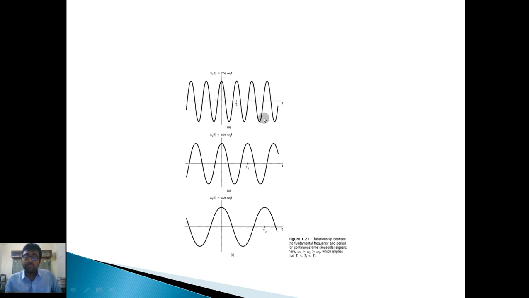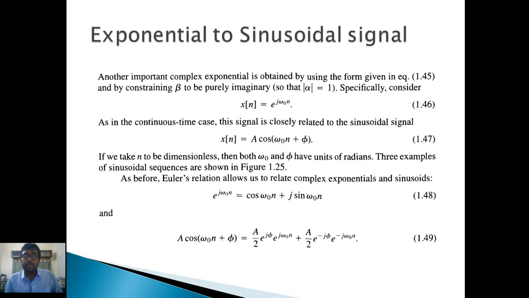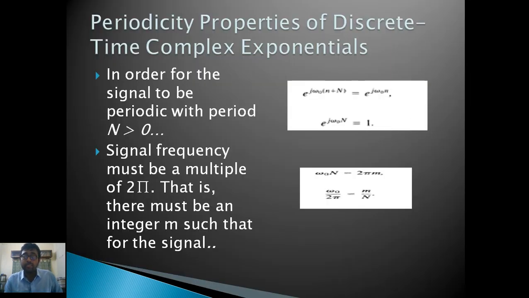Now in case of a discrete time complex exponential signal, there is a basic difference between both of them. The value of n will not change; it will just come back again and again.